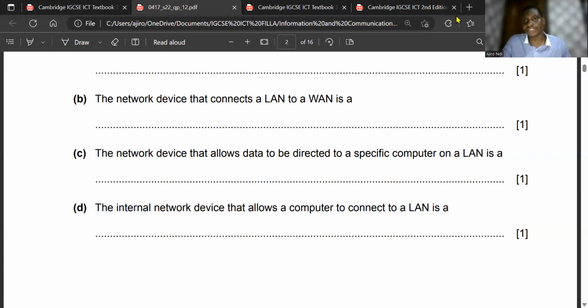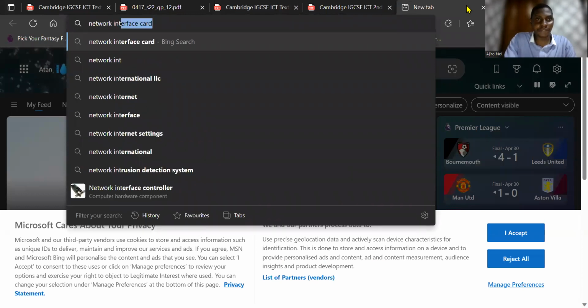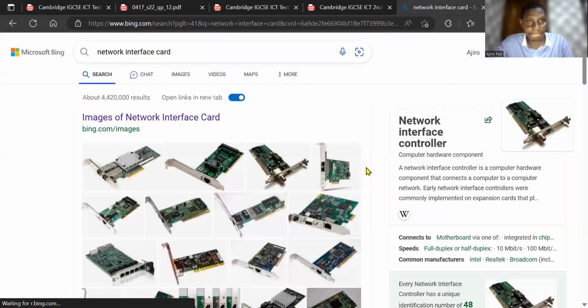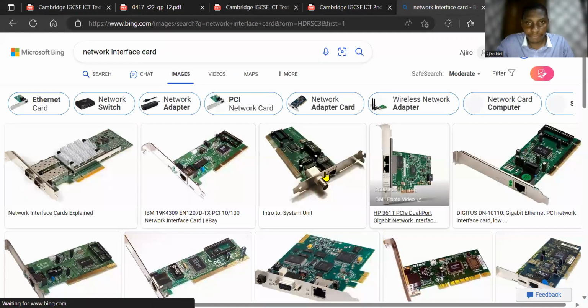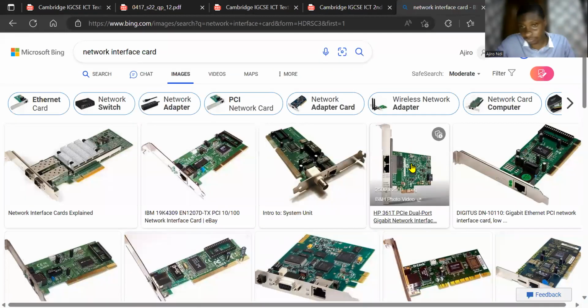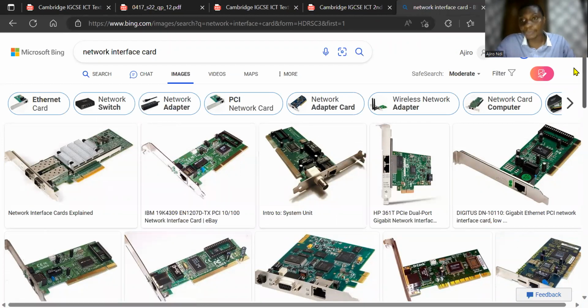Let me show you how the network interface card looks. This is how it looks. Right here we have external. But depending on your laptop, the smaller your laptop, like I said, all the components are going to be miniaturized and reduced.